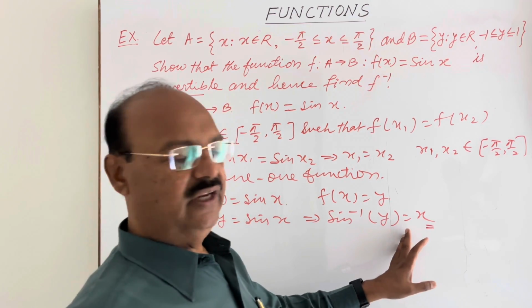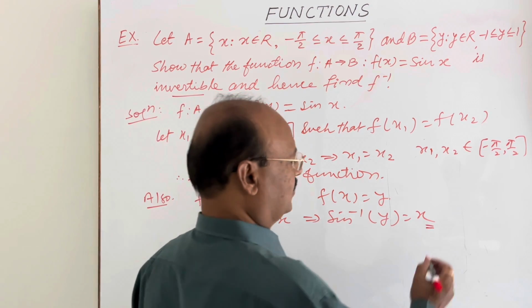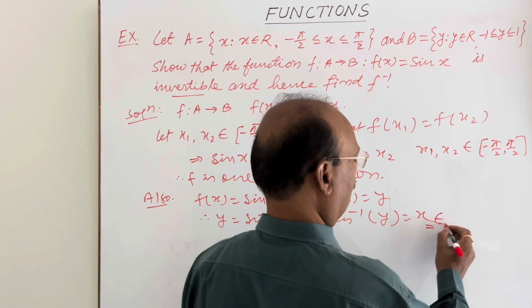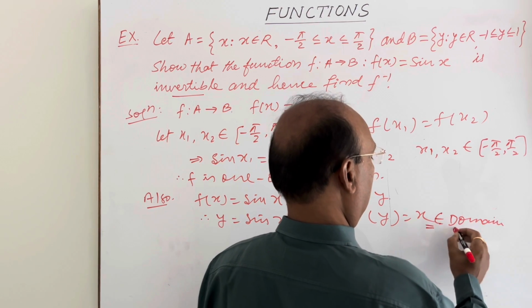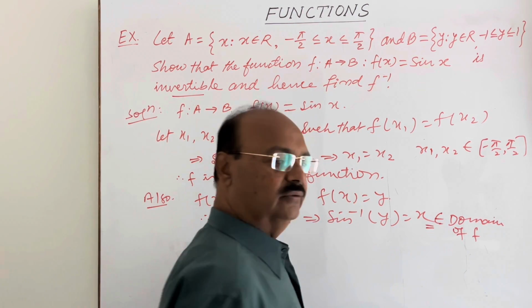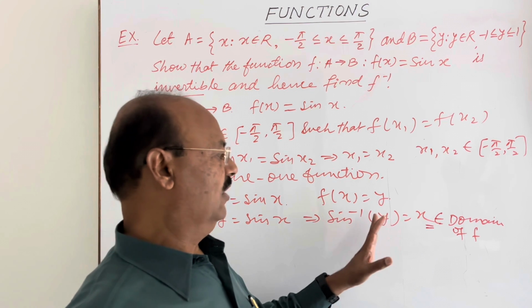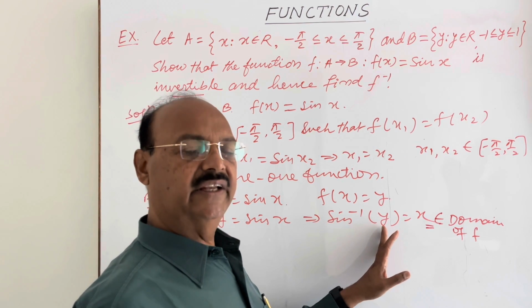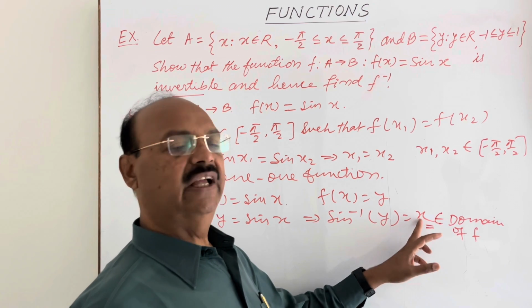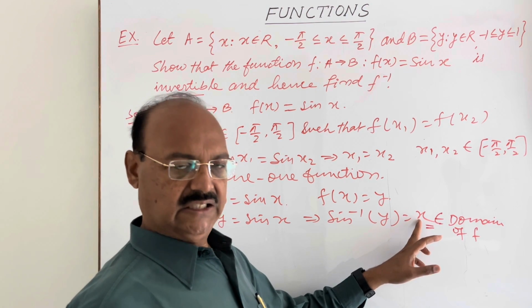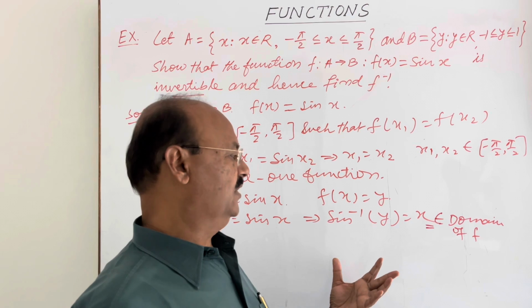we are getting a pre-image x in the domain of the function f. So corresponding to every element y in range or codomain, we are getting a unique value x in the domain of this function.